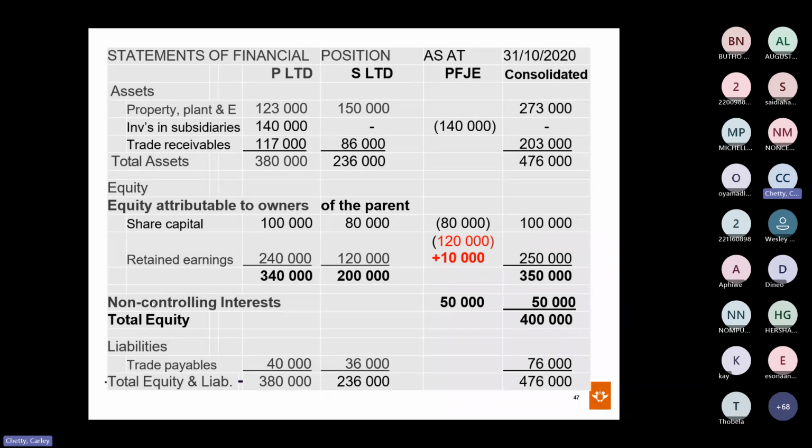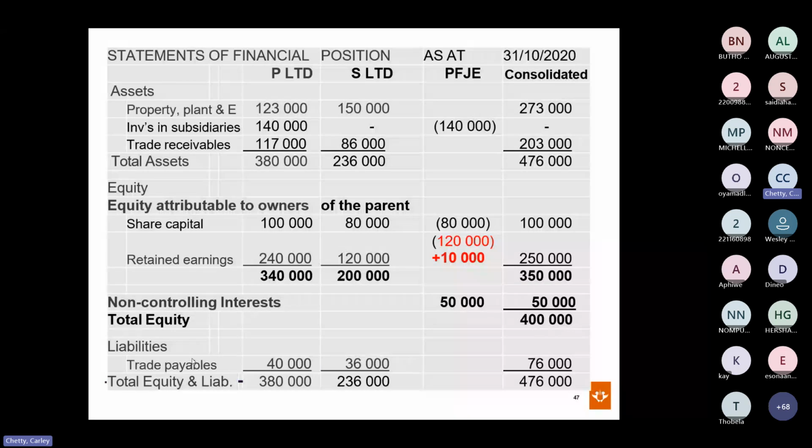Then we have non-controlling interest. So the non-controlling interest is 50,000 Rand. This was part of our pro forma journal entries. So that gives us total equity. Remember, we split it. 350,000 Rand is attributable to owners of the parent, and 50,000 Rand is attributable to the NCI.